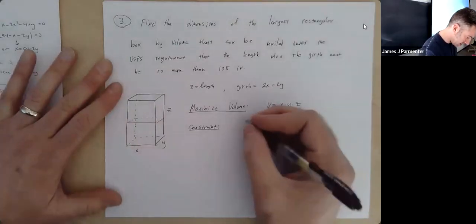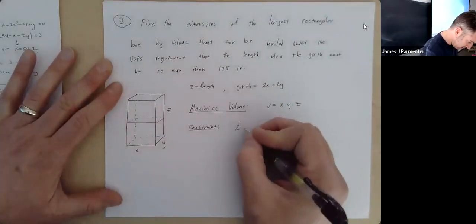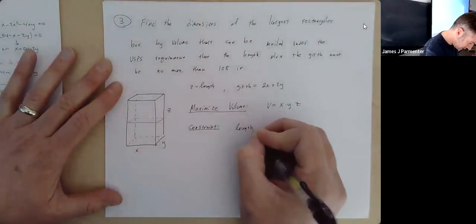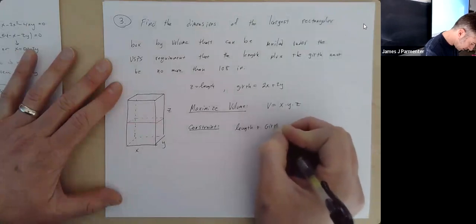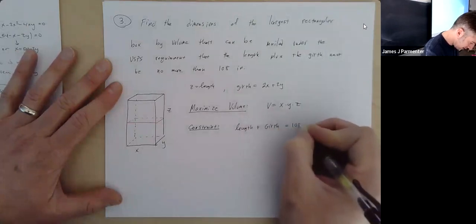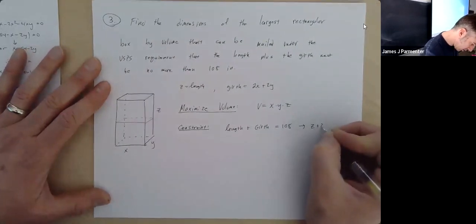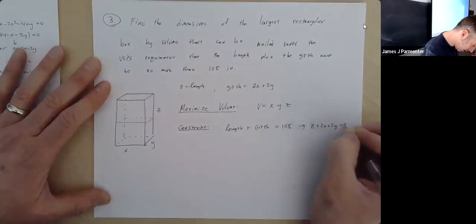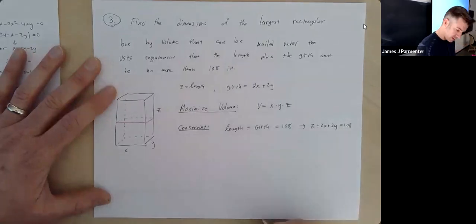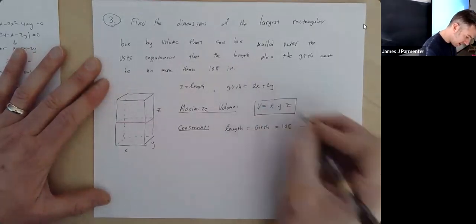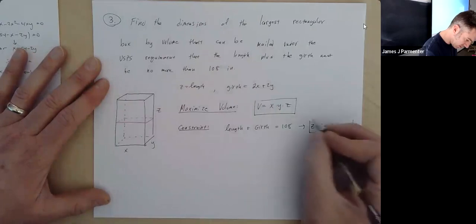So we're going to say that the length plus the girth is equal to 108, or in other words, Z plus 2X plus 2Y is 108. So there's the thing we want to maximize, and there's the constraint.